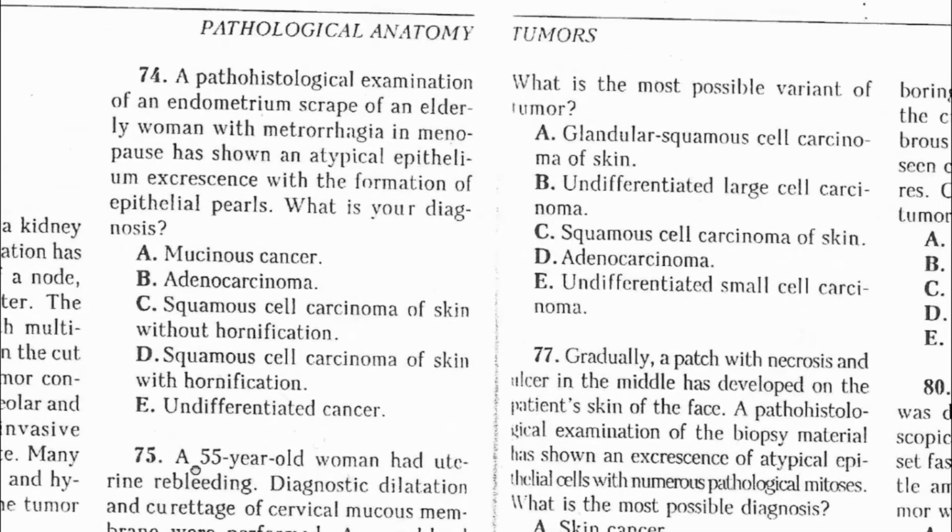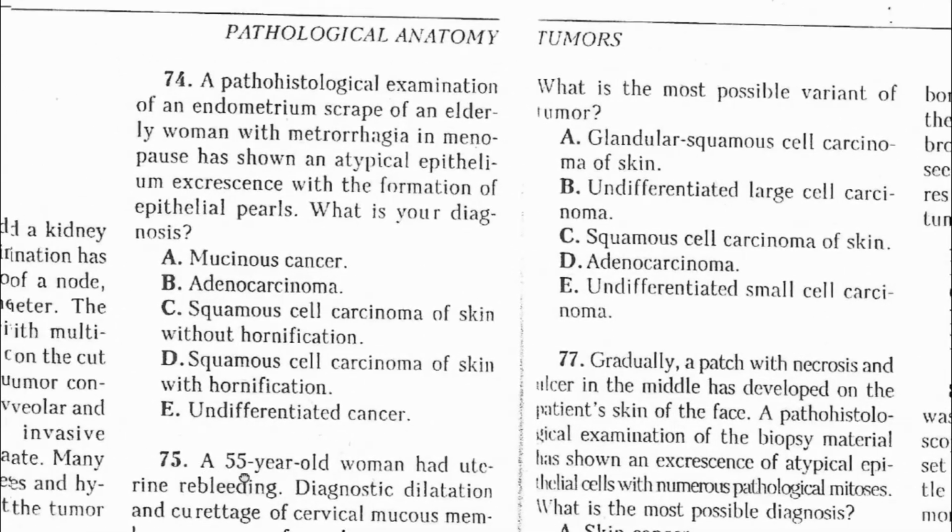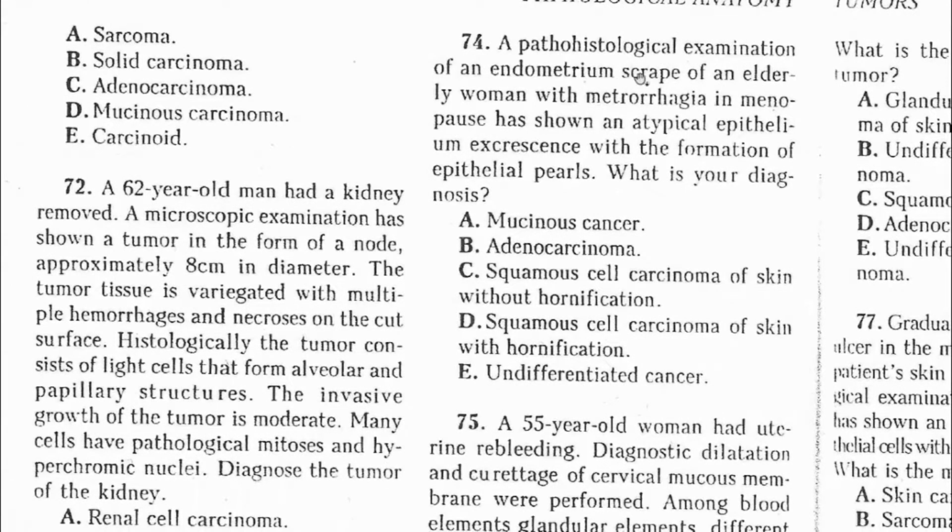74. A pathological examination of an endometrium strip of an elderly woman with metrorrhagia, that is a discoordinated menstruation, in menopause has shown an atypical epithelium with excrescence with the formation of epithelial pearls. Again, your guy, epithelial pearls.